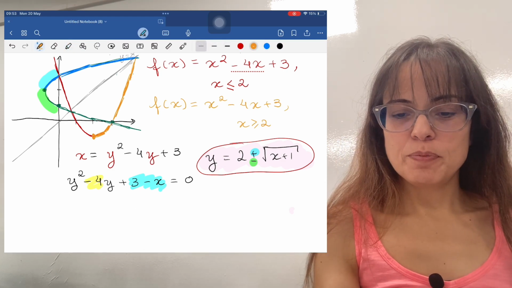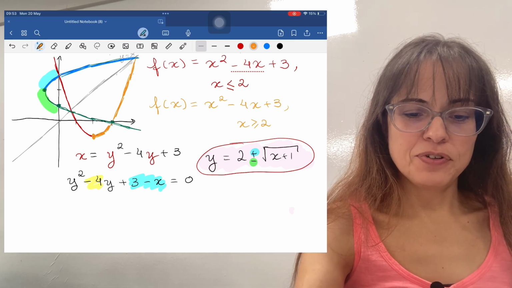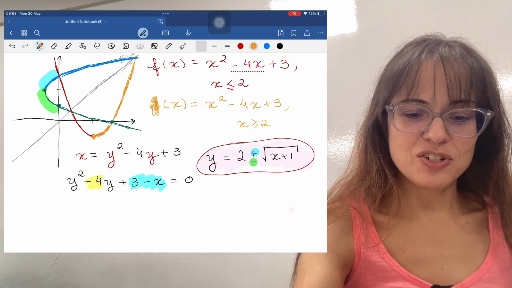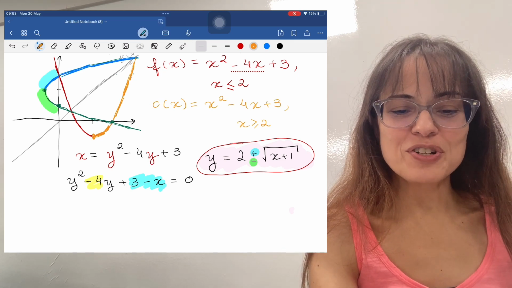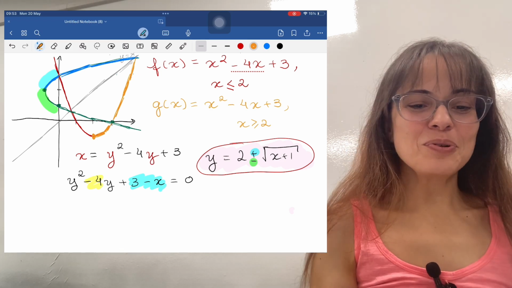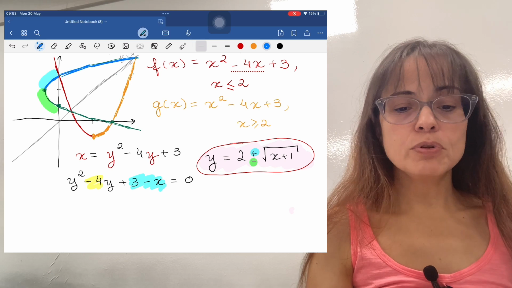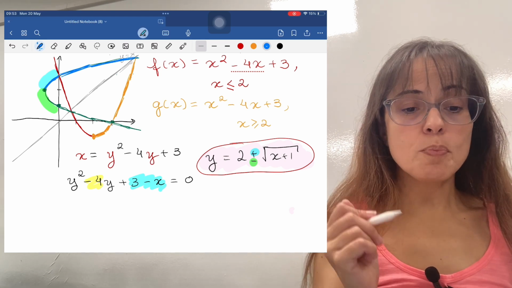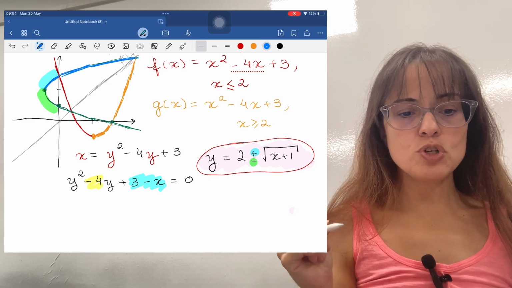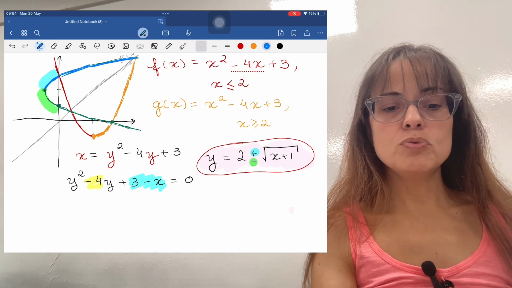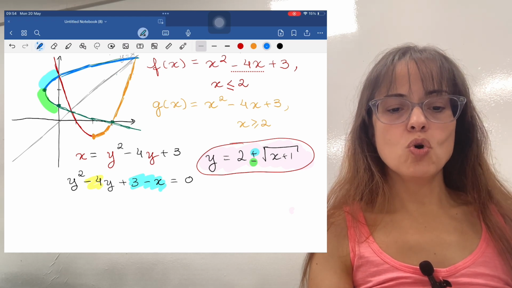I'm going to wrap up the exercise here, but first I need to fix this because I just realized that I called both of my functions by the same letter. So there you go. Now it's fixed. One is f and the other one's g. And the blue function, which is the top one, is the inverse of which one of those? Well, the blue is the inverse of the orange.